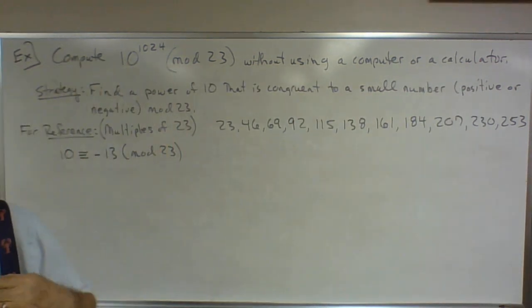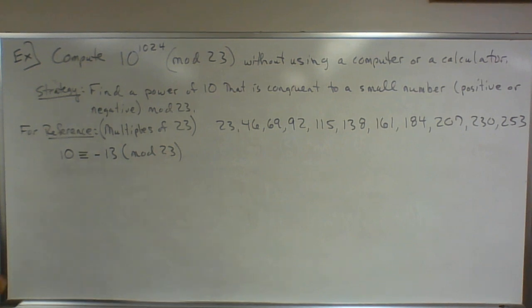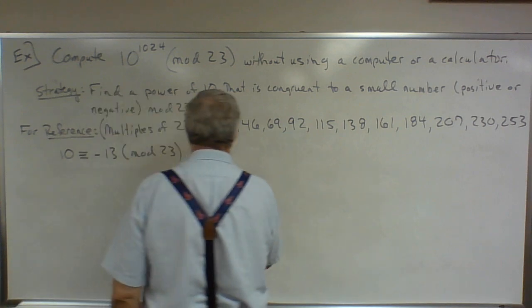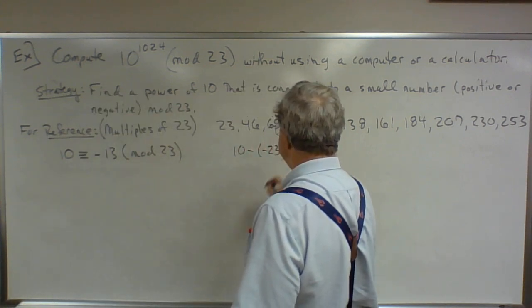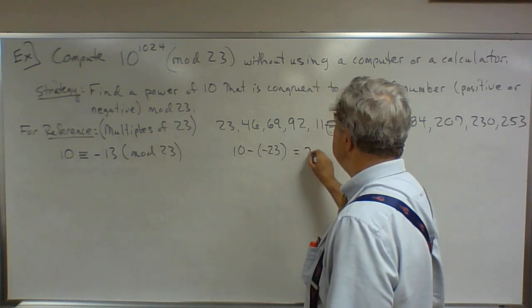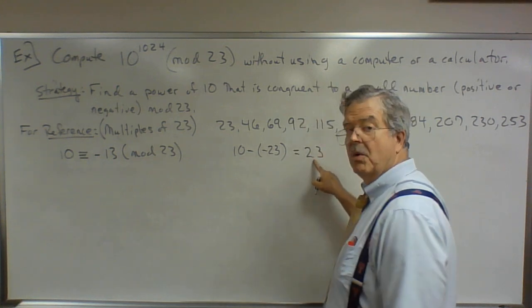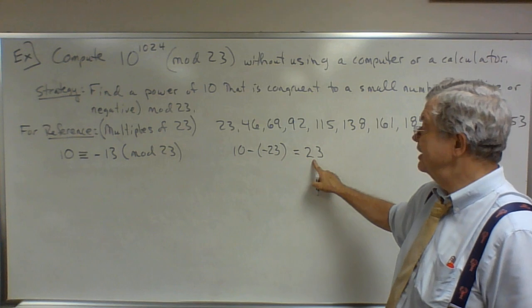So let's see what we can do. 10 is congruent to negative 13 mod 23. Well, how do we know that? Their difference, 10 minus negative 13, is equal to 23, which is a whole number multiple of 23.